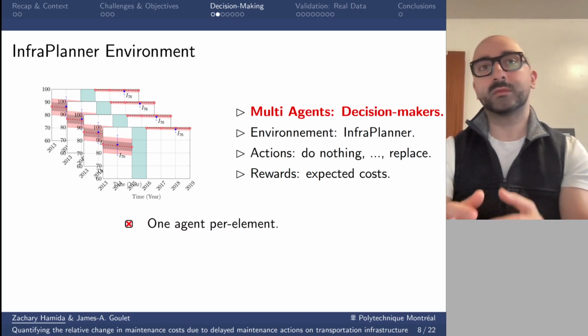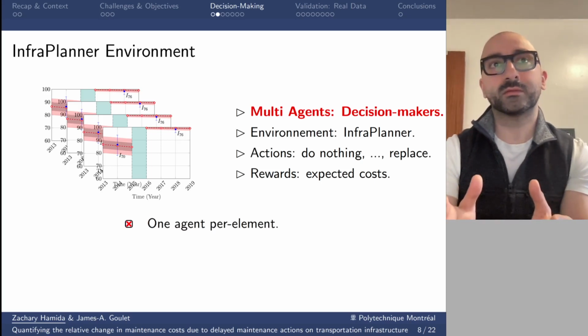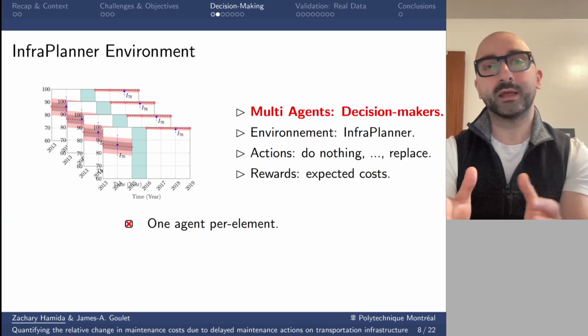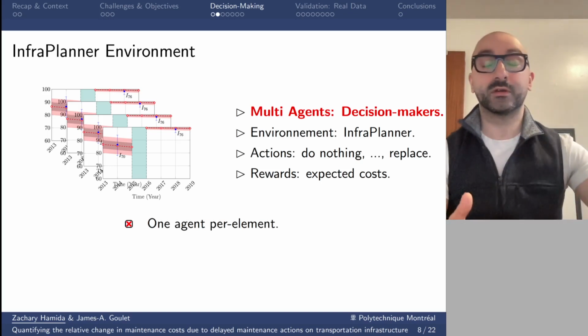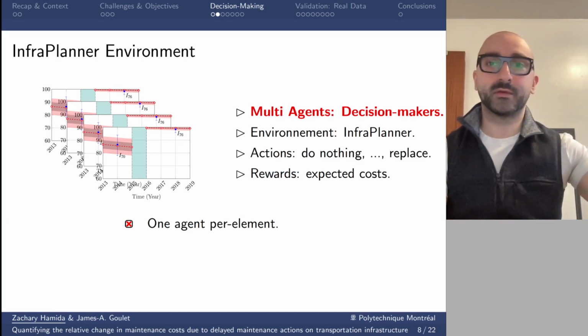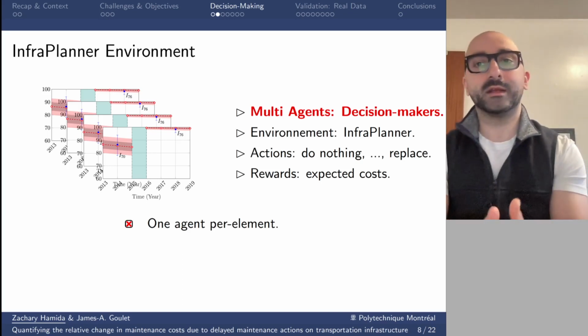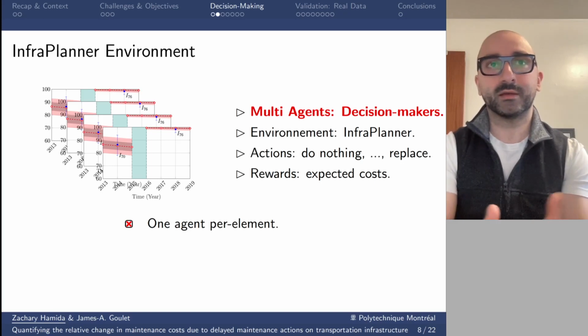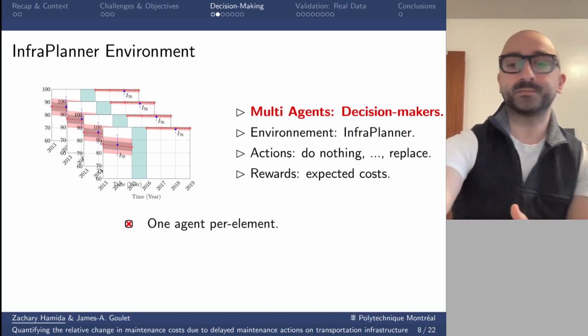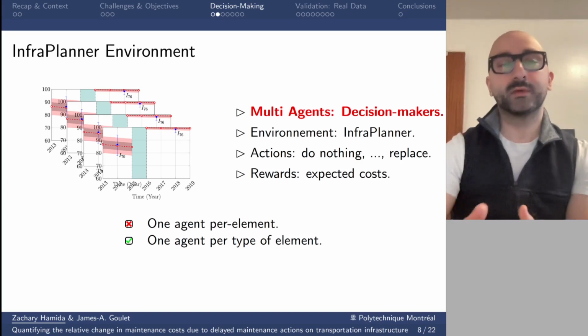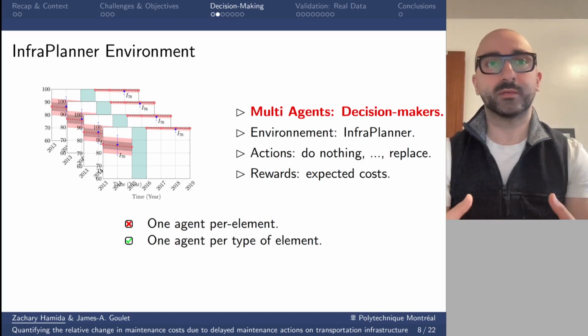Now, this is if we have one agent per structural element. As I mentioned earlier, we have hundreds of thousands of elements. At least currently, it's infeasible to have one agent per structural element. But instead, in order to simplify the problem, we can have one agent per type of element.